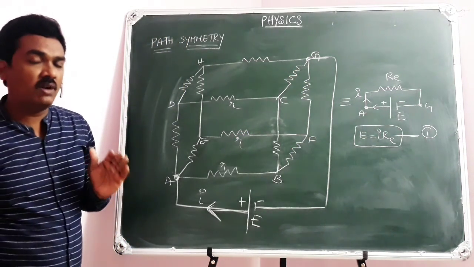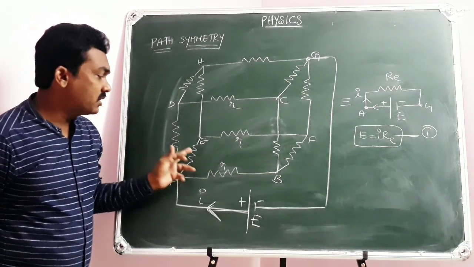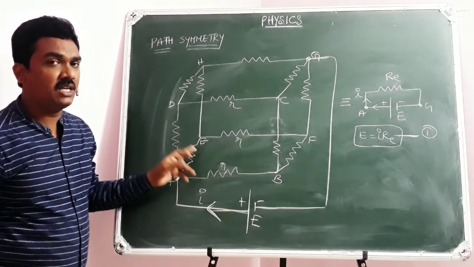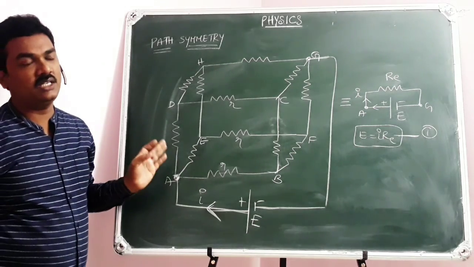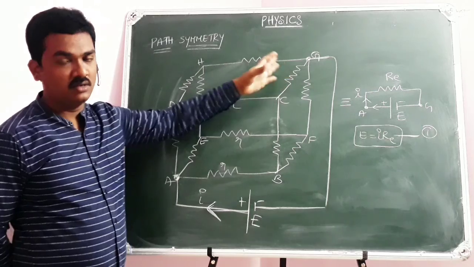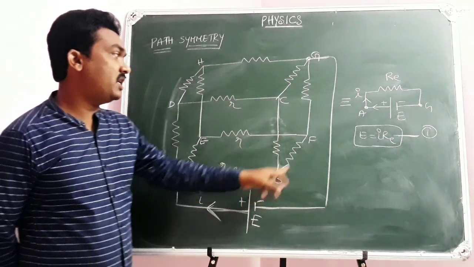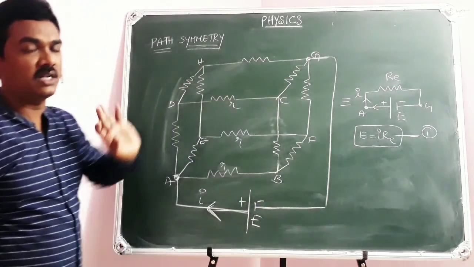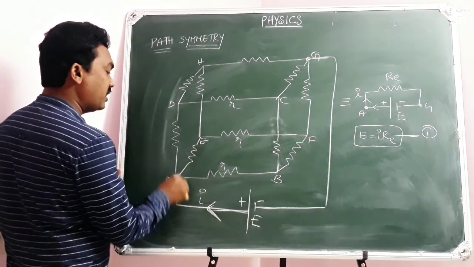If I wish to travel from A to G along the 3 possible available paths AD, AE, AB, I find identical paths: ADHG, AEHG, ABFG. We will find all identical resistors, identical paths. So current will be divided equally here.